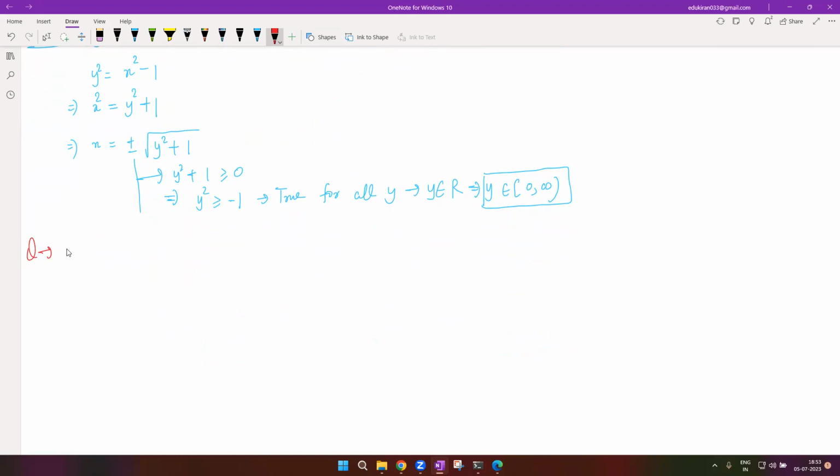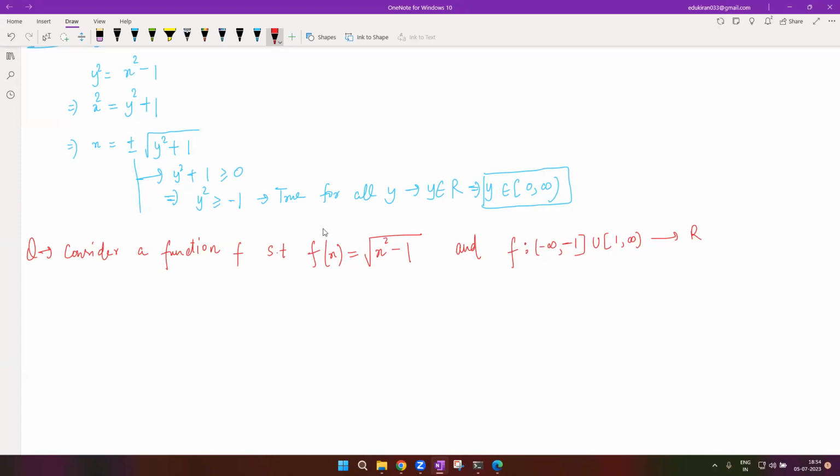They'll ask you, consider a function f such that f(x) is equal to root over x square minus 1, and f is a function which is defined from minus infinity to minus 1 union 1 to infinity to real numbers.